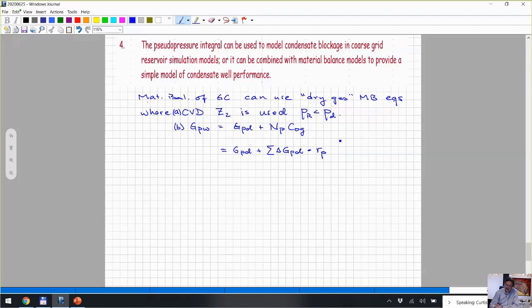And this is changing in time. So this is time and time.